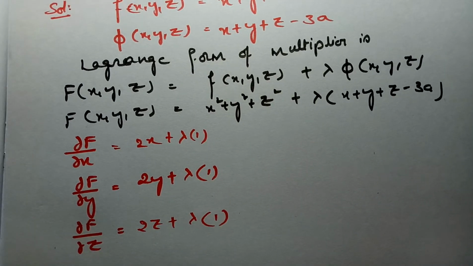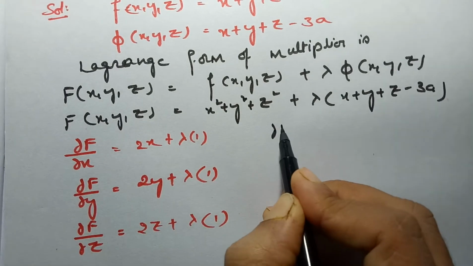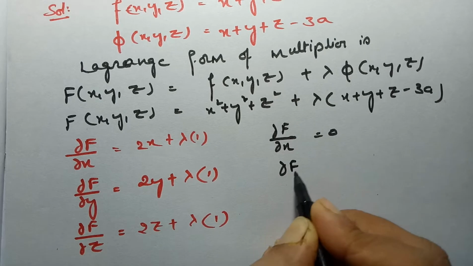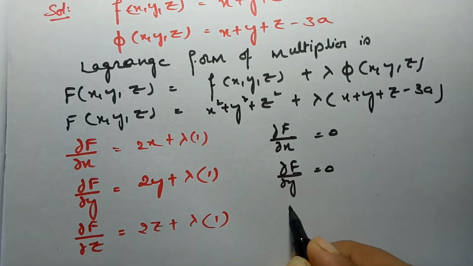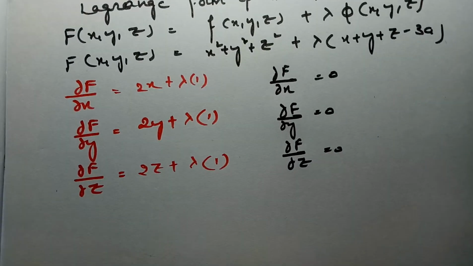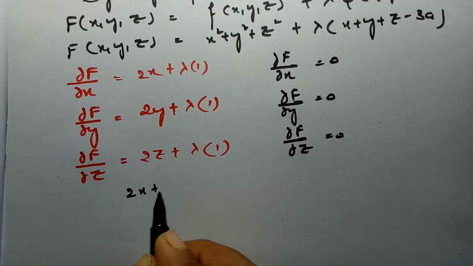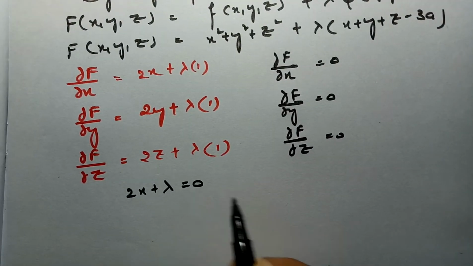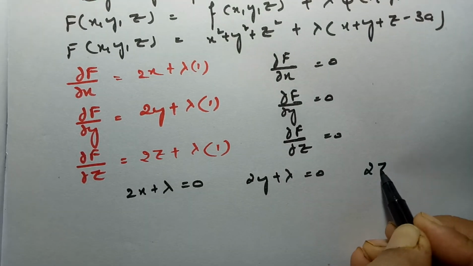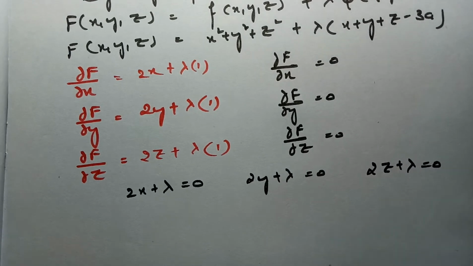Now I have to equate dou f by dou x to 0, dou f by dou y to 0, and dou f by dou z to 0. So 2x plus lambda is equal to 0, 2y plus lambda is equal to 0, and 2z plus lambda is equal to 0.